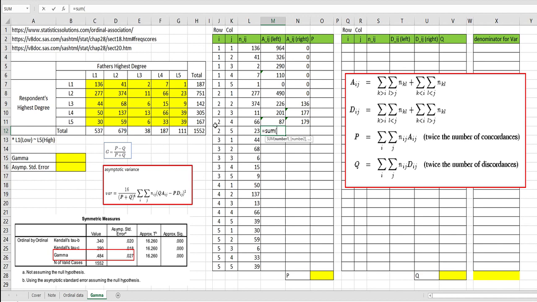There's no right part for 23, so 0. There's no left part, so 0.